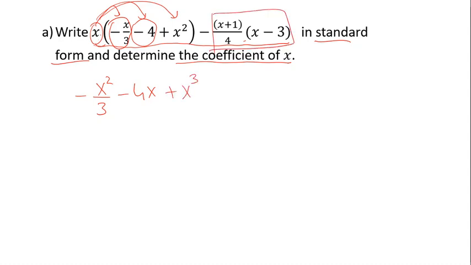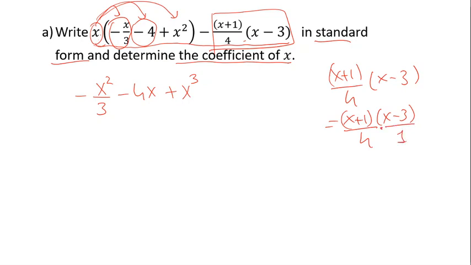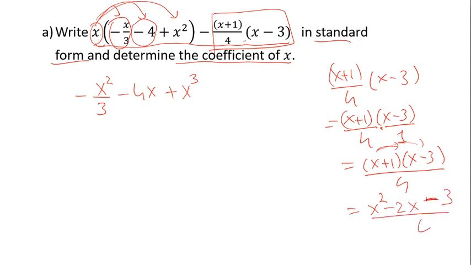Now when it comes to here, you can write this one as x plus 1 times x minus 3, and then multiply, and then you can combine them. I mean, you can put them in the numerator, and after you do the expansion here, you will get x squared minus 2x minus 3 over 4.